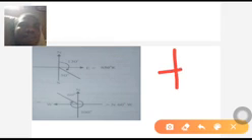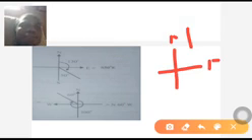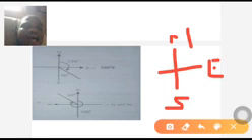Now, for you to convert 130 degrees from 3-digit bearing to compass bearing, you have the cardinal points. Now, from north to east is 90 degrees. You are given 130, so it's more than 90. So you are going to find it between south and east. So you are going to have it like this.